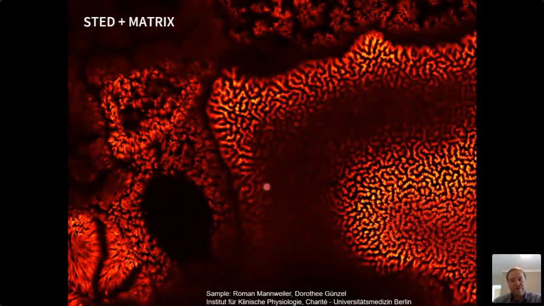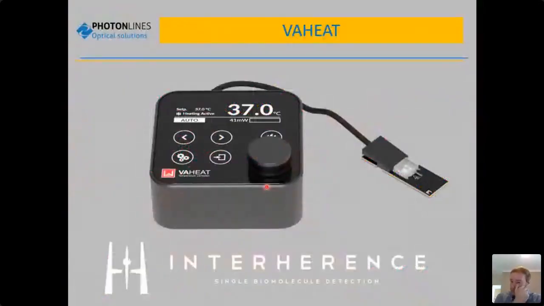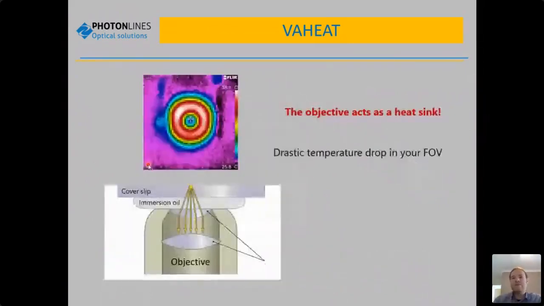Now, the next thing I want to talk about is a technology from a company we work together with. The company is called Interherence, and the device is called Vahid. I think this is a quite nice innovative technology that tackles a problem that also came up in Rima's talk.